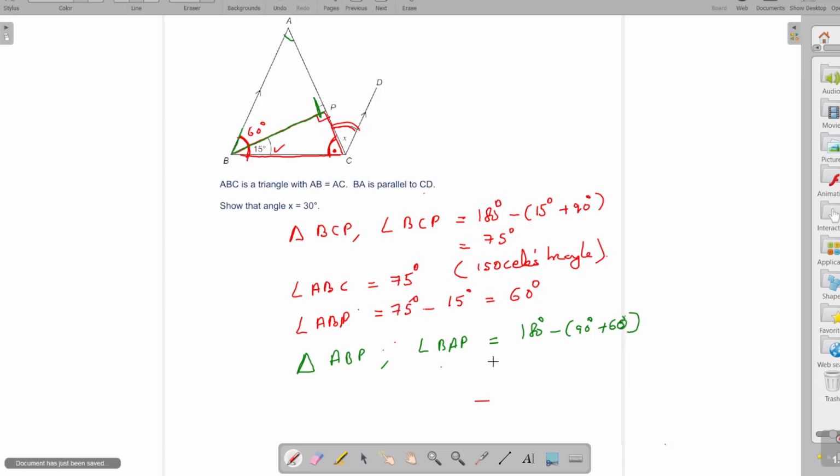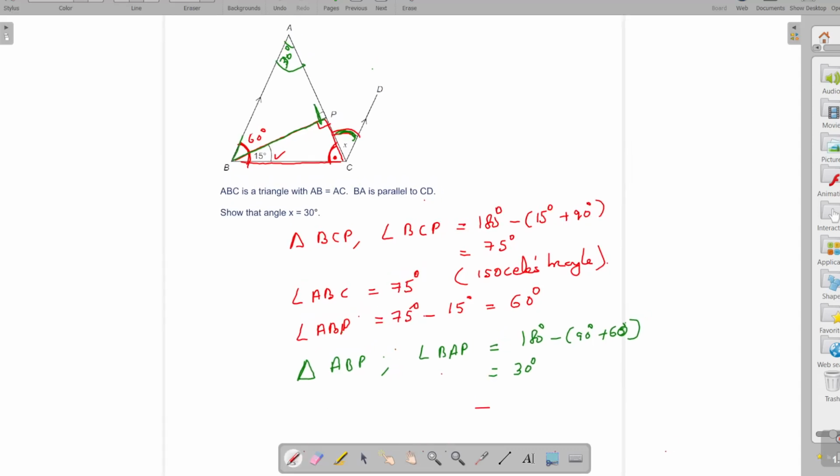So that gives you 150, so that is 30. So we know now this is 30. If that is 30, we said this is alternate angle. This is equal to this because it's a Z shape alternate angle. Therefore, X is 30. Alternate angles.